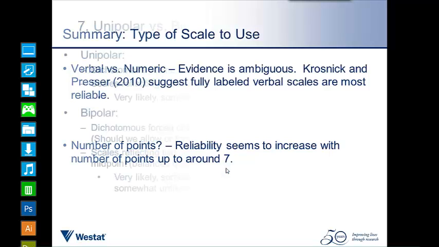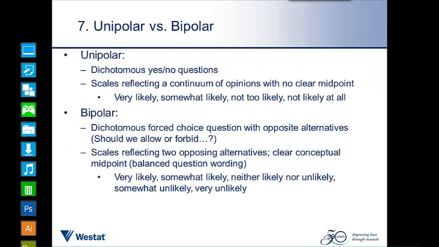Okay, let's move on to unipolar versus bipolar. And I talked about this briefly before. Unipolar are along the continuum, whereas bipolar scales are when you're presenting the opposite perspective. And these are really a matter of decision and how you want to design your scales.